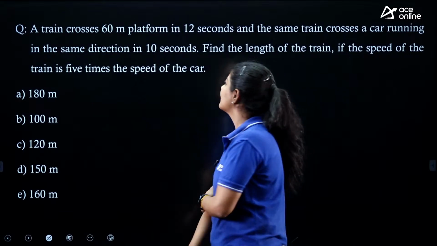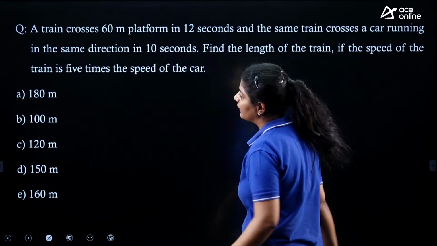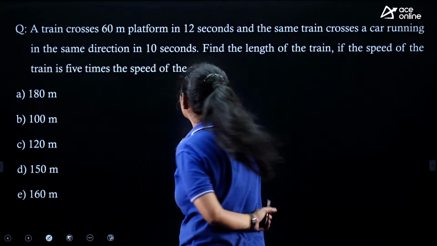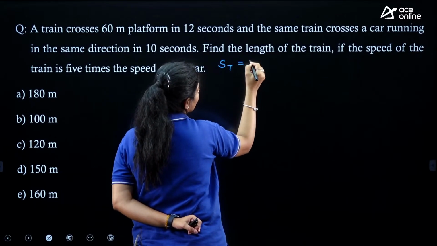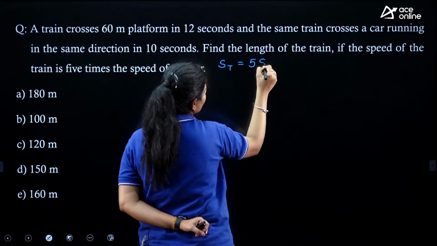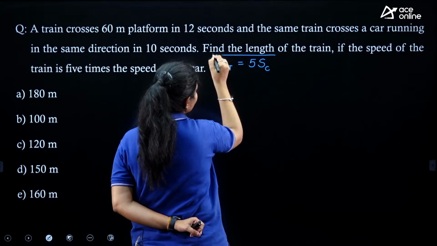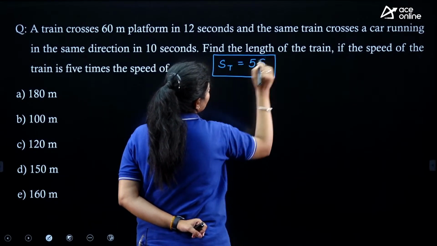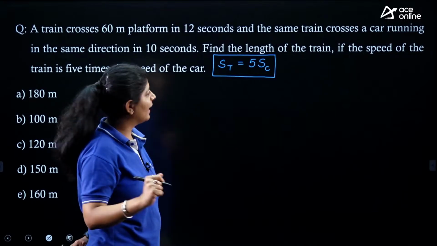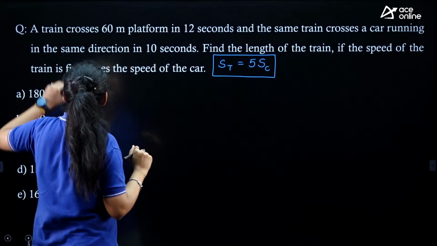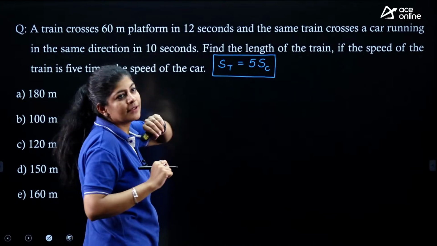The question is saying that the speed of the train is 5 times the speed of the car. So I'm assuming that the speed of the train, ST, is nothing but 5 times the speed of the car, which is SC, right? This is the relation of speed between the train and the car. Now, the question is saying that a train crosses a 60-meter platform.